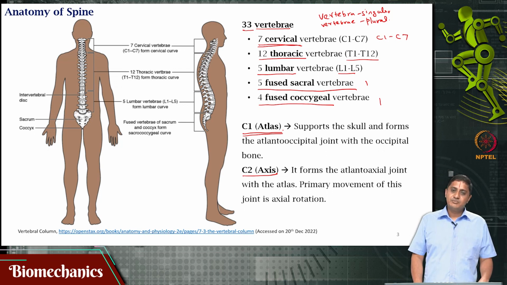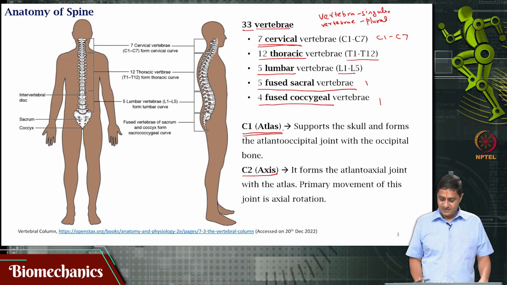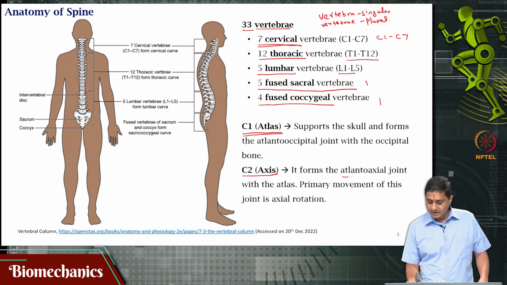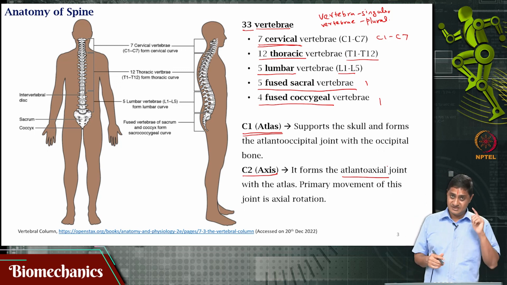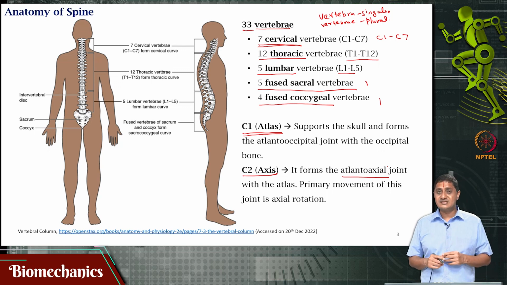And the next bone is called the axis. This bone forms the so-called atlanto-axial joint. So, there is the atlas at the top, which is the first vertebra, C1, and the axis is the second vertebra, which is C2. The joint between the atlas and the axis is called the atlanto-axial joint.